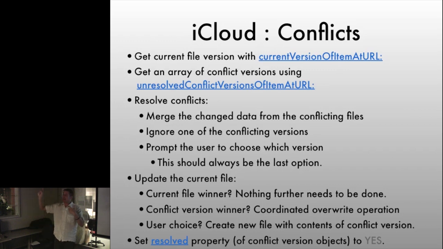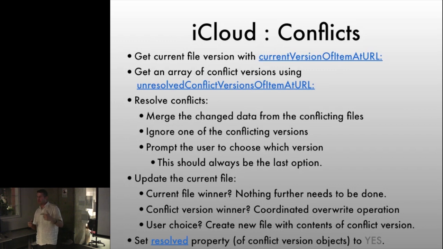If the version you have is in conflict, but it's older than the version that's up on iCloud, or vice versa, the version you have is in conflict and it's newer, but you want to keep the older version that's up on iCloud, or the version that's being reported is changed after the version that you have, then you coordinate the writing operation to make sure that it's synchronized.